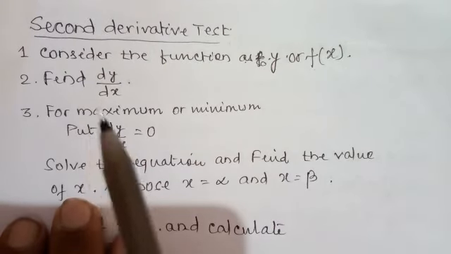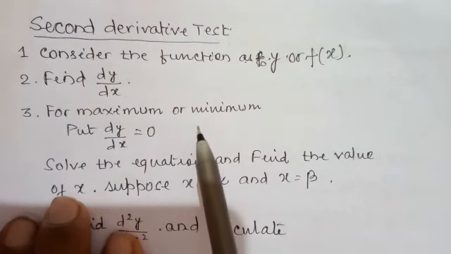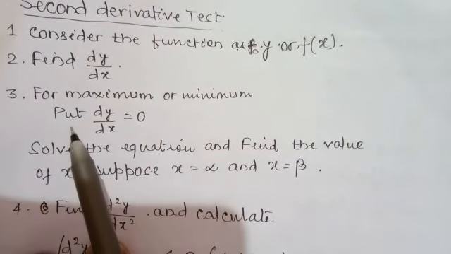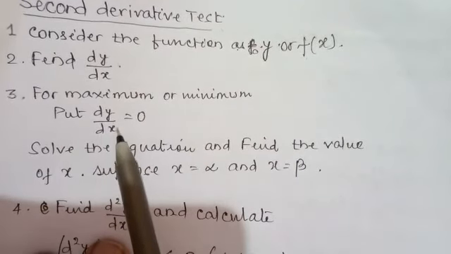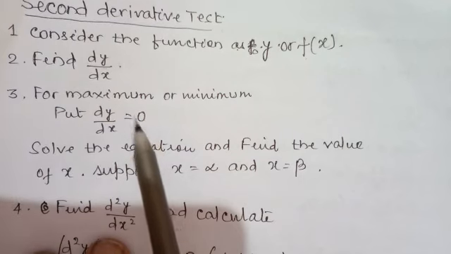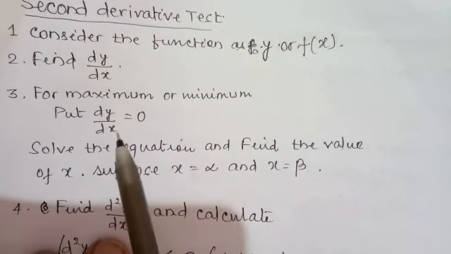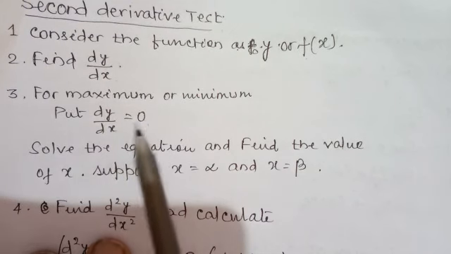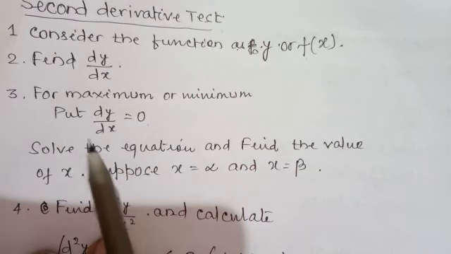In the third step, for maximum or minimum value, put dy by dx equal to 0. This becomes an equation.